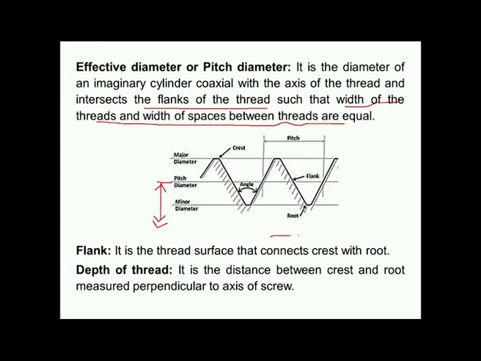So, the axis of screw will be somewhere here, and we have to pass a line perpendicular to the axis, and the distance between the root and the crest is the depth of thread.